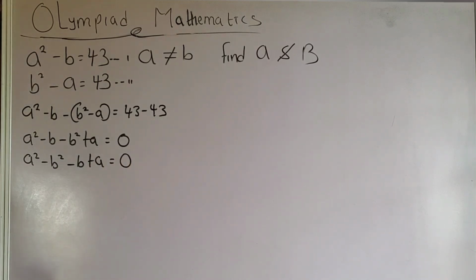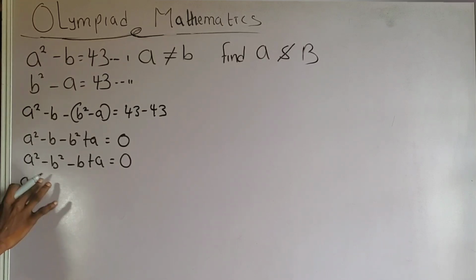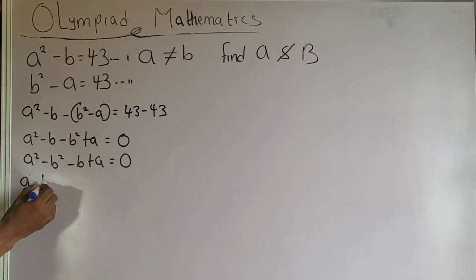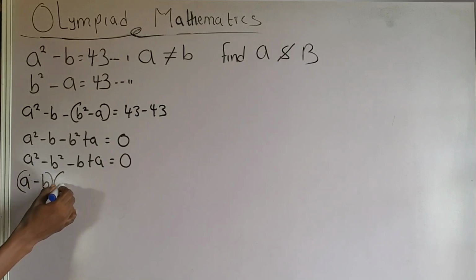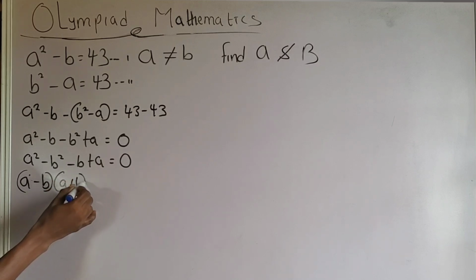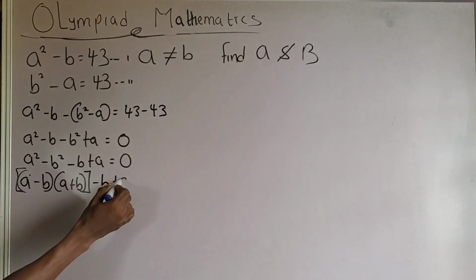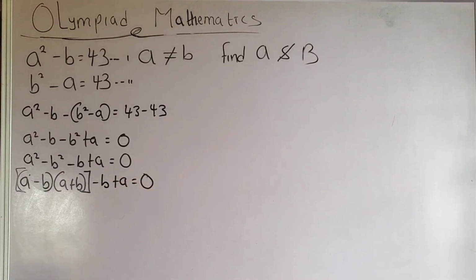Now, using difference of two squares, a squared minus b squared can be written as a minus b, a plus b, minus b plus a equals 0. Do you understand?